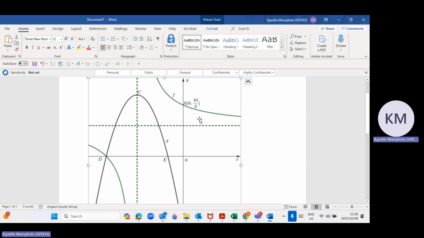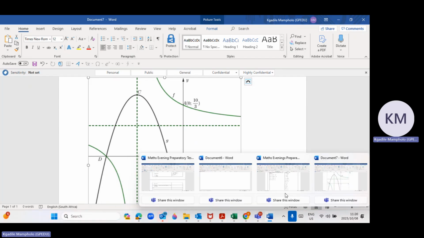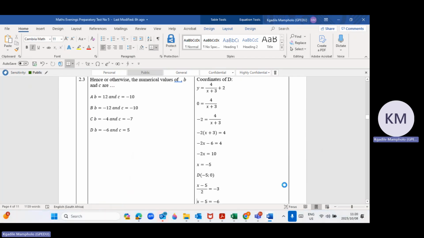Remember, always use what you know to get what you don't know. So in this case, because D is the point of intersection of the hyperbola and parabola, that is why we use the equation of the hyperbola that you already determined to find the coordinates of D.